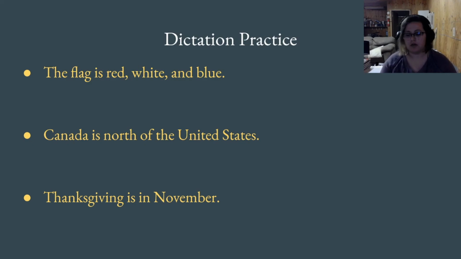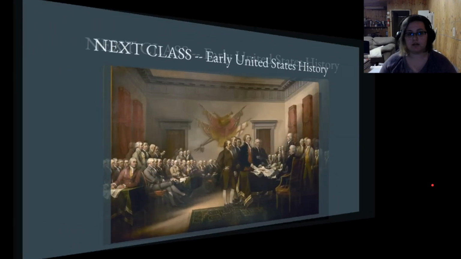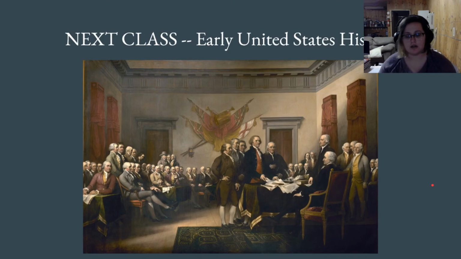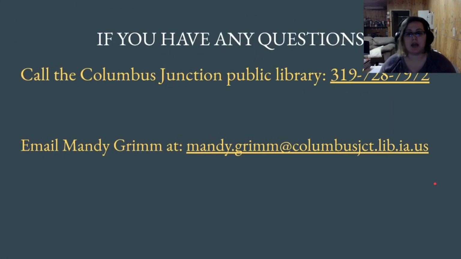Okay, so that concludes the first session. The next session is going to be Session 2, and it's going to cover the early history of the United States. If you have any questions, please reach out to the Columbus Junction Public Library at 319-728-7972.